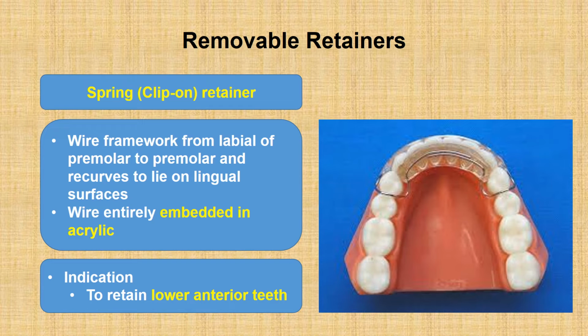This is used to retain the lower anterior teeth. It is useful in situations where you are unable to provide the appliance with full coverage up to the molars because of deep undercuts, which are sometimes found in adult dentitions.